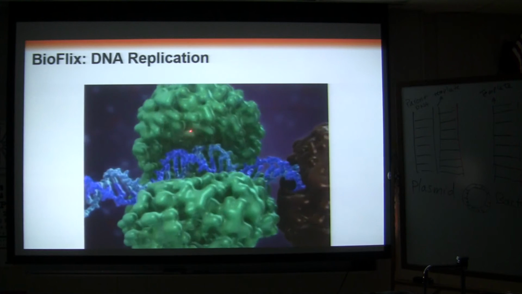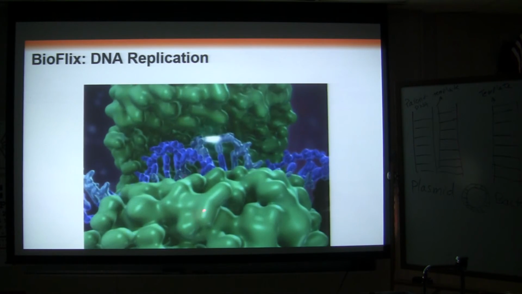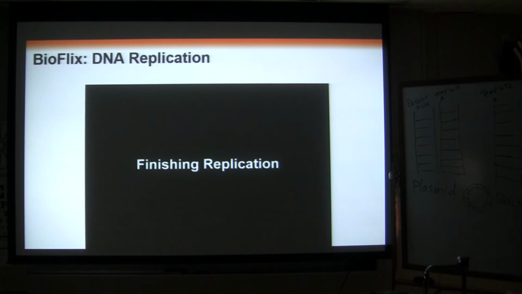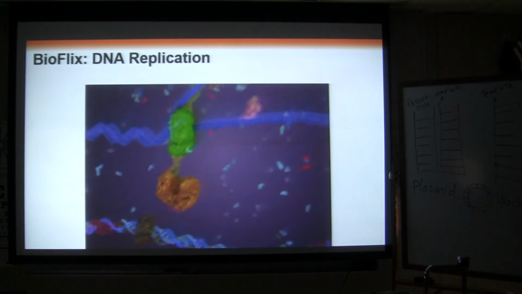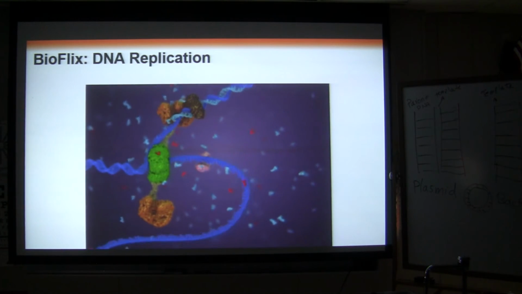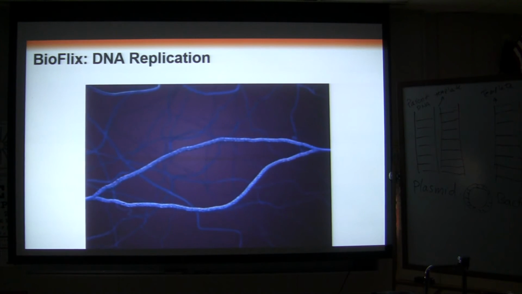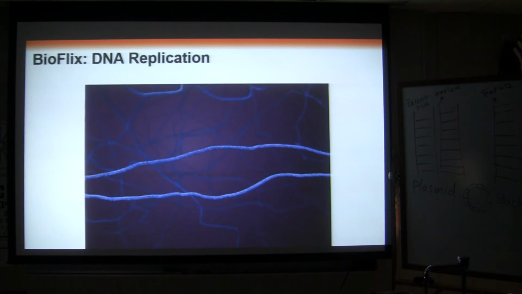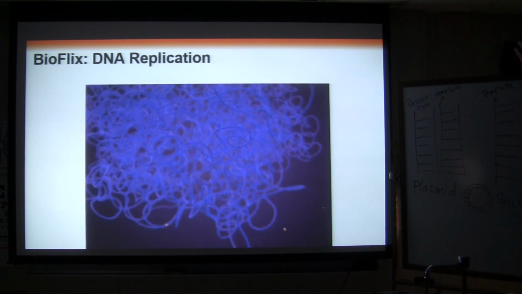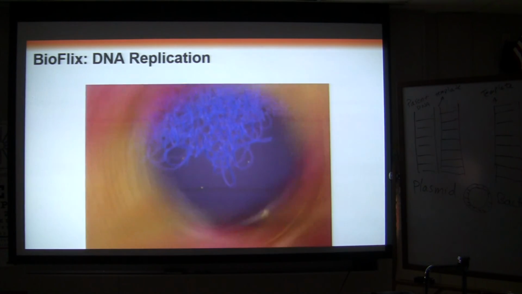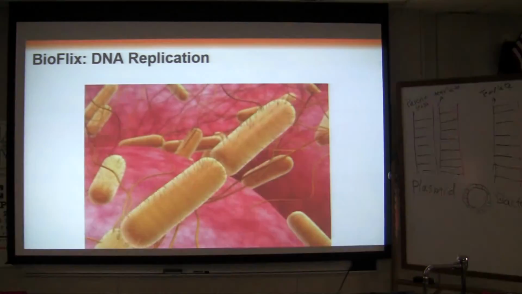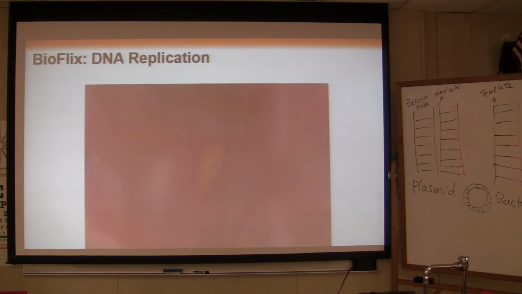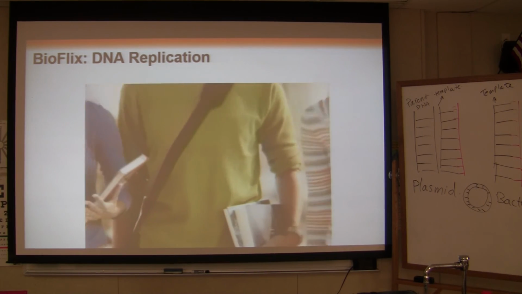An enzyme called DNA ligase joins the pieces together. Growth of the leading and lagging strands continues on both sides of the replication bubble until there are two identical DNA molecules. Although bacteria are very different from humans, the process of DNA replication in bacteria is similar to what happens in your own cells.